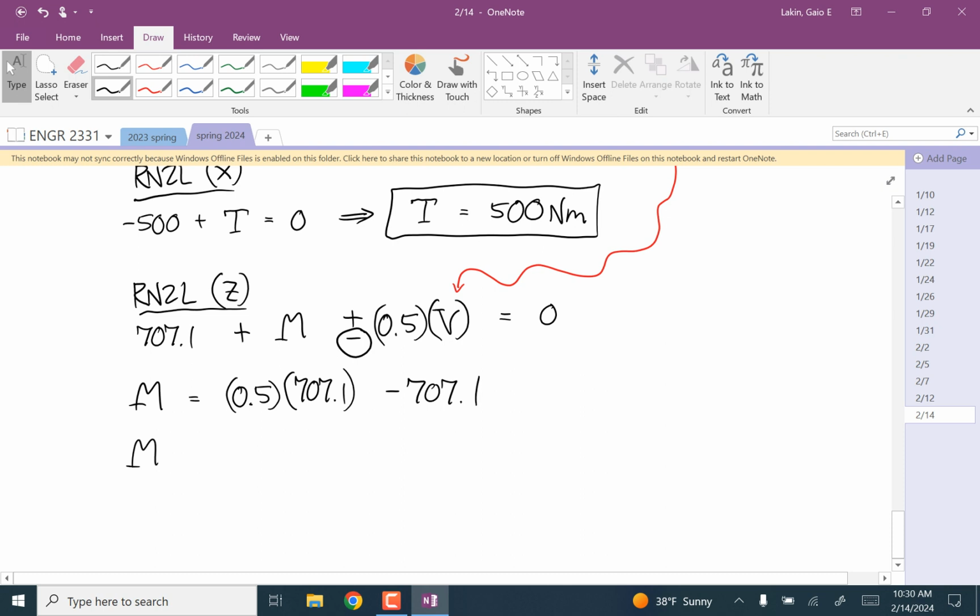And so the bending moment is equal to negative 353.5. Is that right? Okay. And that's Newton meters.